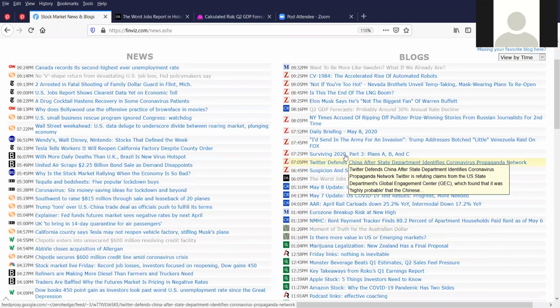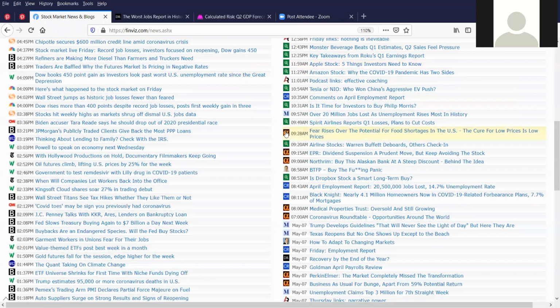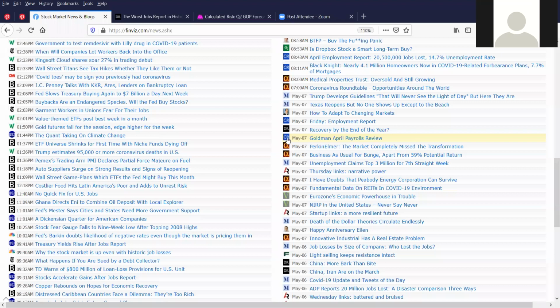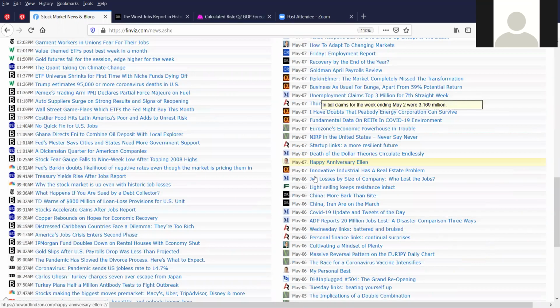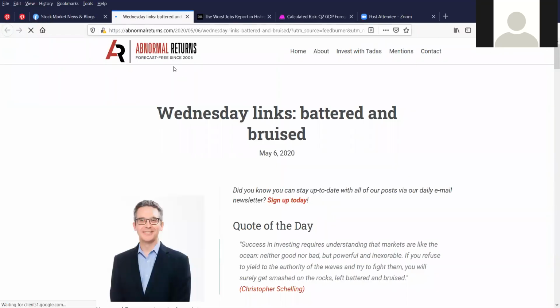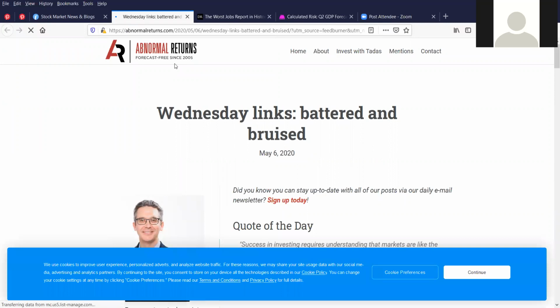And I'm just scrolling down. This is Seeking Alpha, the little A, that's the squiggle. There's calculated risk again. I don't know what this little symbol is, I forgot. Abnormal returns, forecast free since 2005.